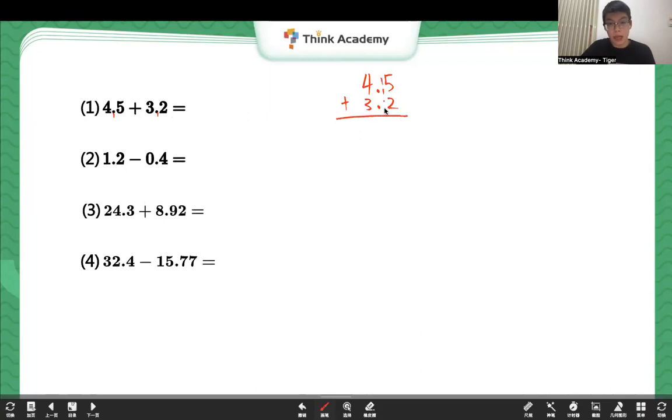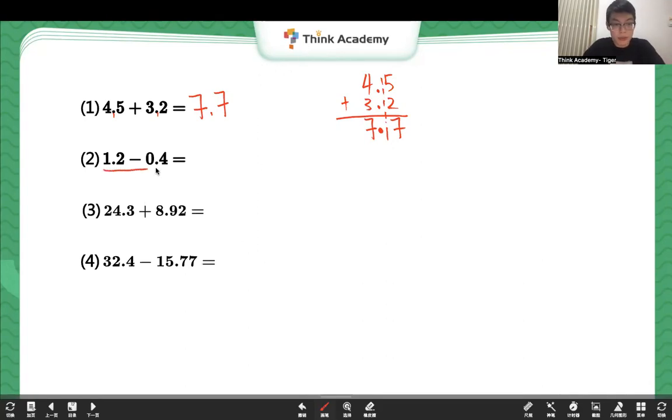And remember, aligning all the decimal points, which means that there should be a decimal point in the answer as well. So now I'm just adding 5 to 2, that's 7. 4 to 3, that's 7. So the answer is 7.7. All right. Yeah, that's right.